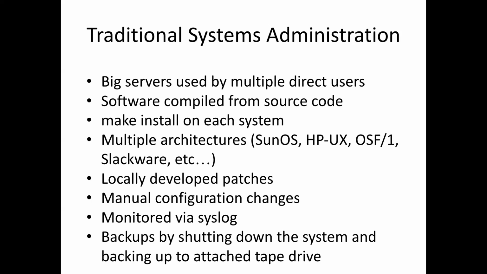Manual configuration changes. We went to each server and manually configured the server how it needed to be configured. Monitored via syslog. And your backups really meant scheduling one night a month when you took the server down, so you had a quiet file system and backed it up to directly attached tape.